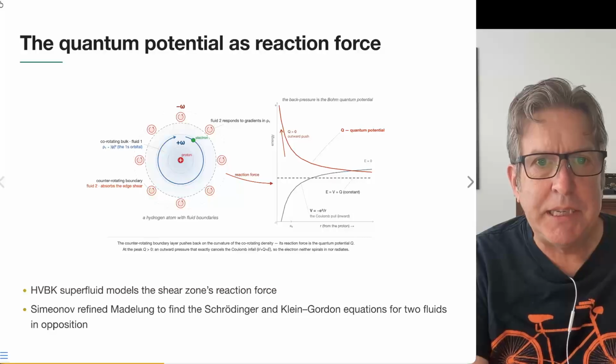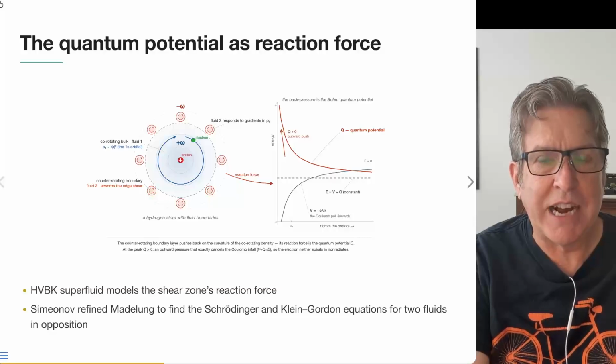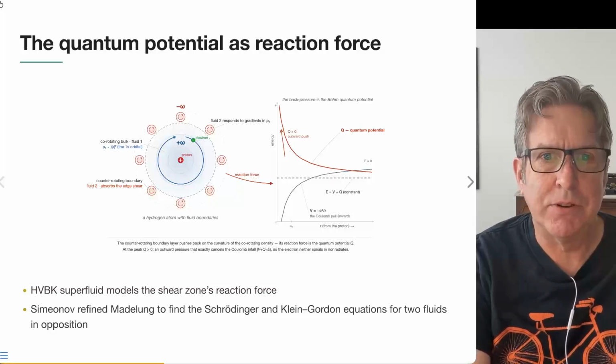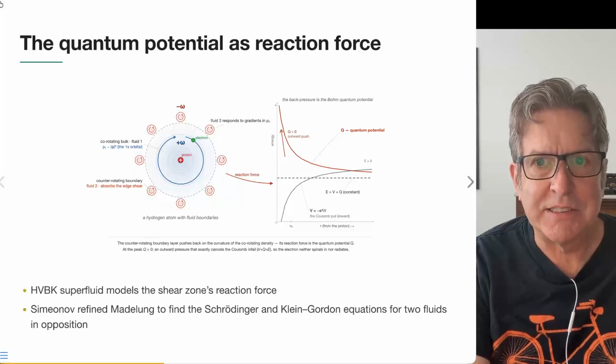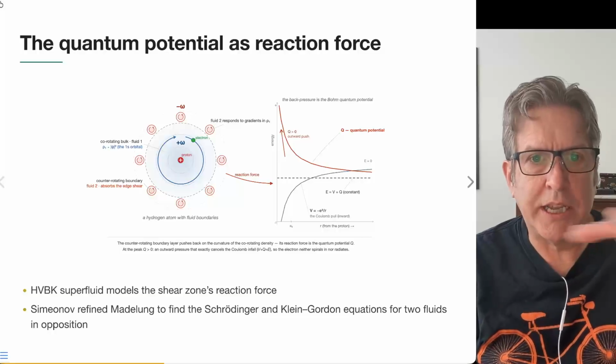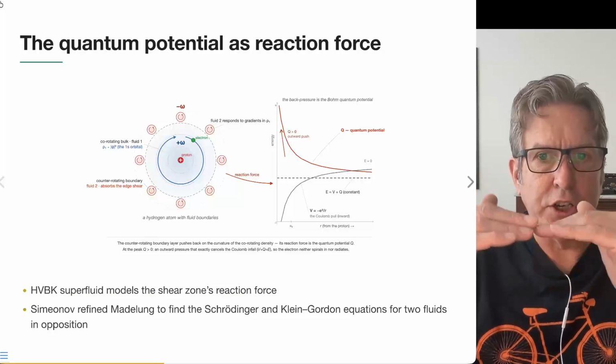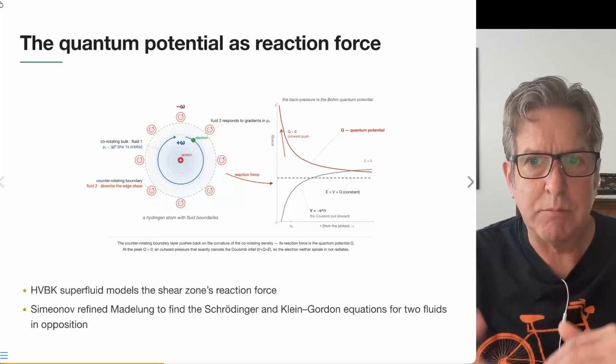So the HVBK mutual friction formula provides the reaction force metric for the superfluid. And Simeonov found the right math to express the Schrödinger equation with 2 fluids, one carrying the bulk energy flow and the other the inertial response of the osmotic motion.